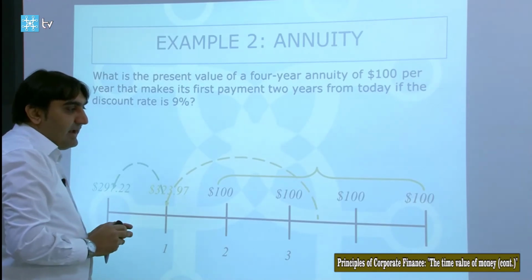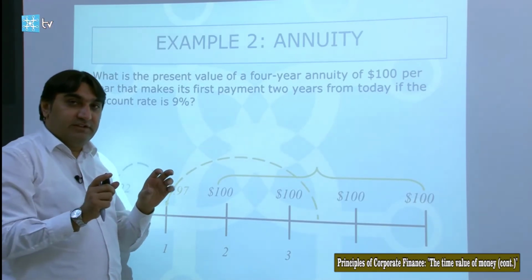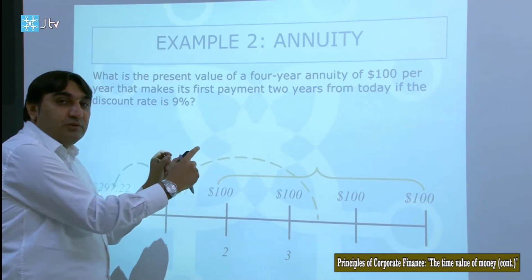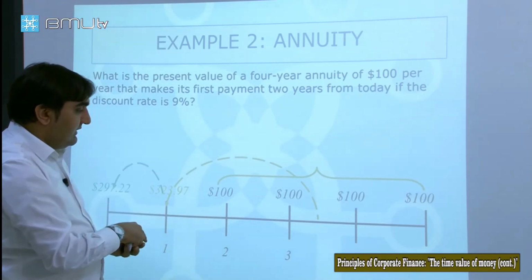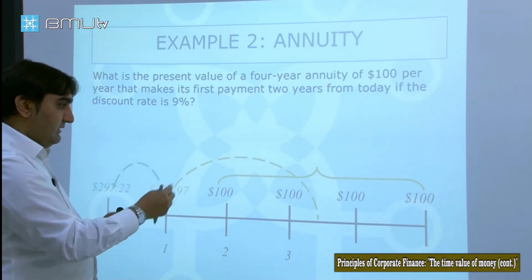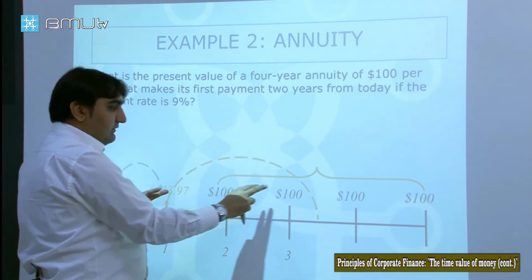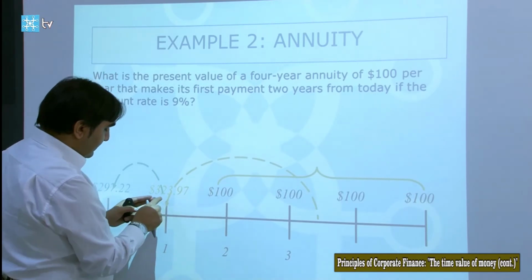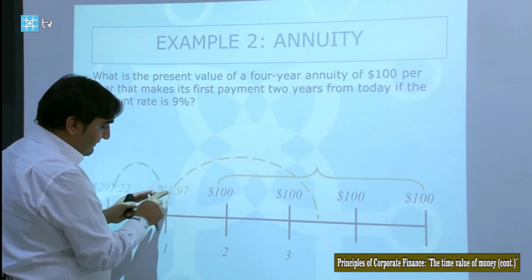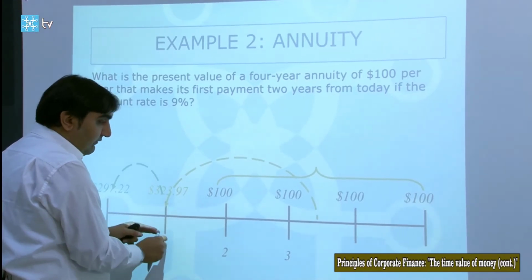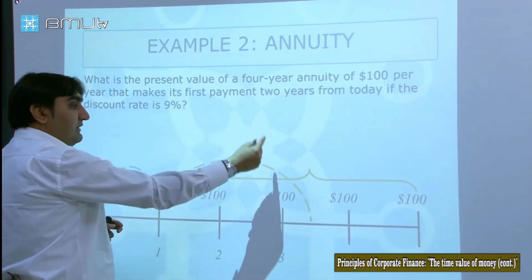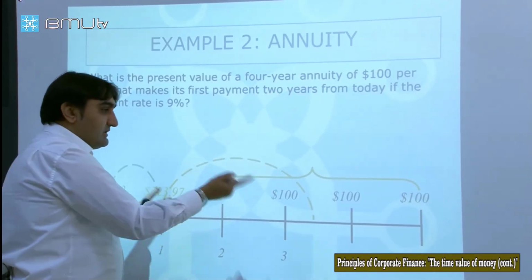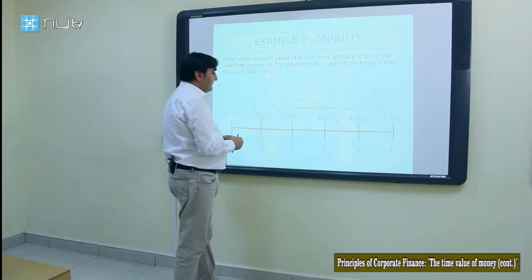If we find the present value of these cash flows, it will come to this. So present value calculations on our timeline take all numbers to the previous period, one period before. 100, 100, 100, 100. The present value of these cash flows is 323.97 at time 1. So present value is discounting back, taking all these numbers back, applying our annuity formula.